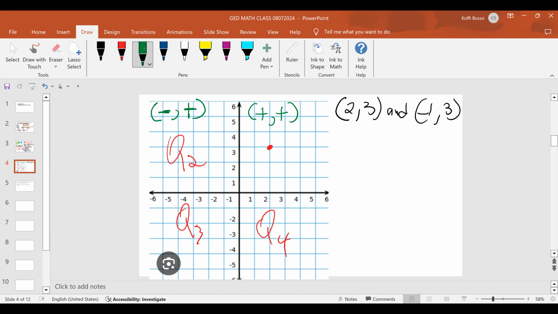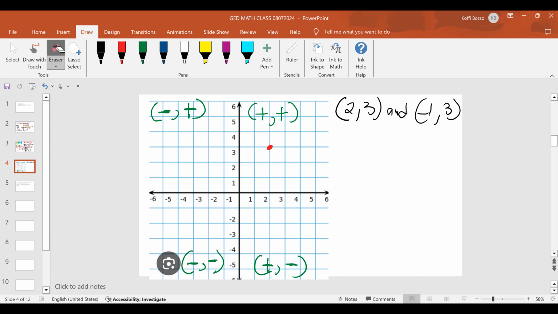In quadrant 3, everything is negative. Quadrant 4, the first one is positive, and the next one negative. So the point has to be located in quadrant 2. So now in quadrant 2, we have -1, comma 3. So we're going to be somewhere here: 1, 2, 3.